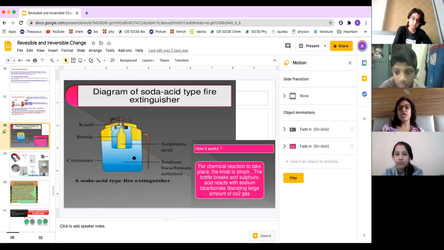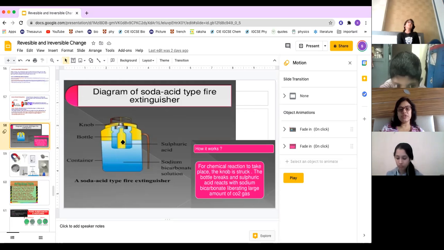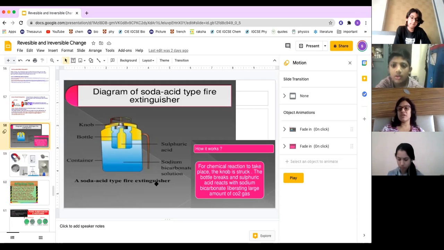This is similar to the DIY fire extinguisher. There you don't have a bottle, here you have a bottle. There you had baking soda in this and vinegar here. Vinegar में acid होता है, right? तो यहाँ पे you have here acid and here you have sodium bicarbonate. So this type of fire extinguisher is called a soda acid type fire extinguisher.